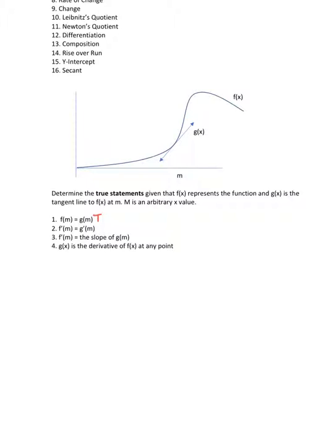The second one: is the derivative of this curve equal to the derivative of the tangent line? No, that's not true. In fact, 2 is false, but 3 is true, right?